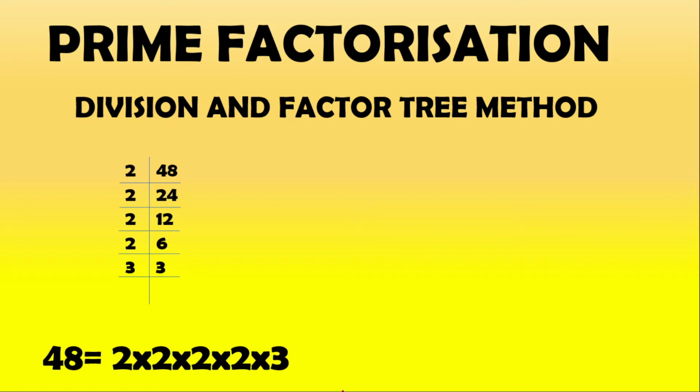Now let us check the answer. For checking, we write down all the numbers on the left side. On the left side, we have got four 2s and one 3. When we multiply them together, if we get the number which we prime factorized, then the answer is correct.